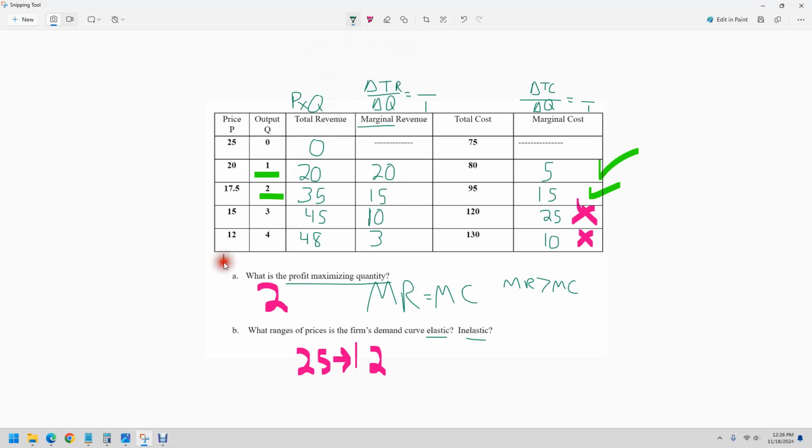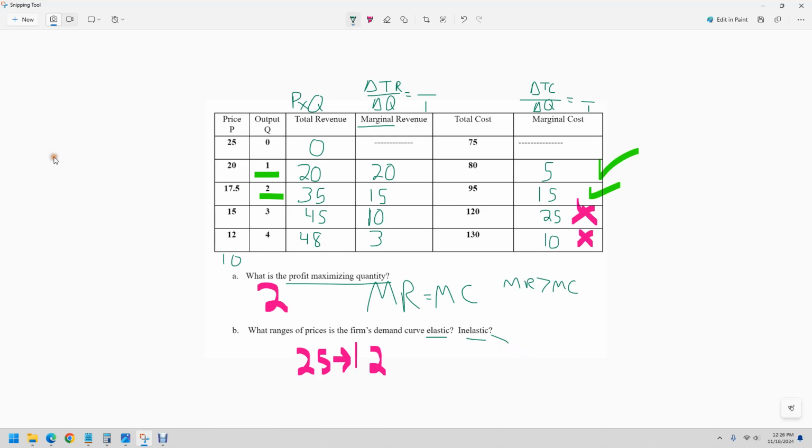And probably after that, if I had 10, it's not really asking me this, but I could find it. Actually, I don't know the function of this. Well, it's going down by 2, then it goes down by 5. This is a non-linear demand curve. So I don't have a number for that.